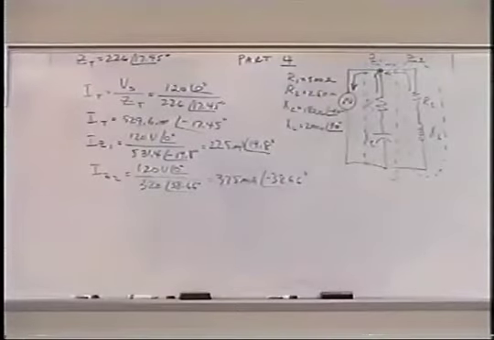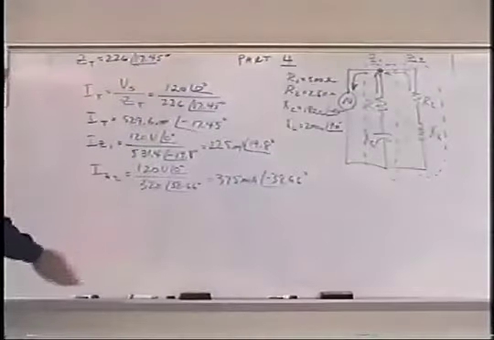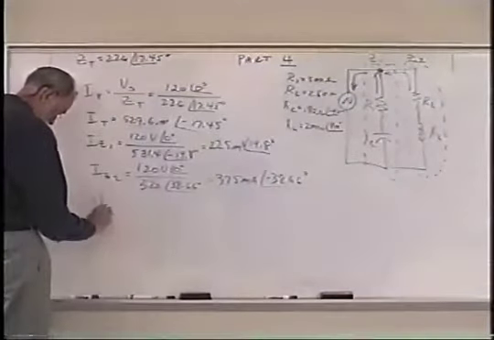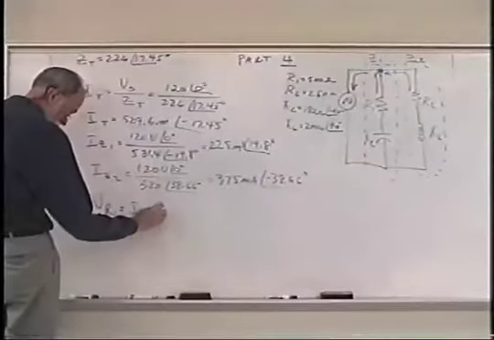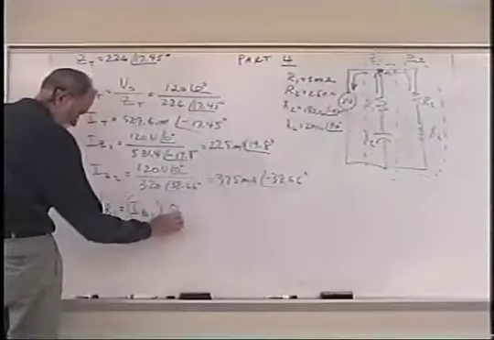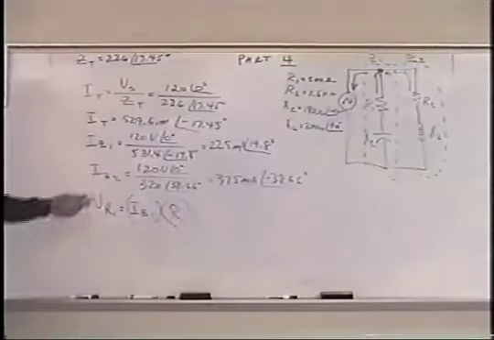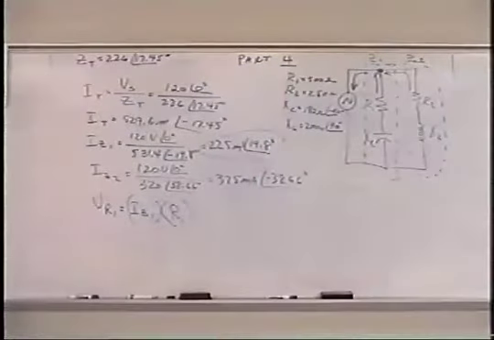All right, now then, I have done the rest of the math for you in the handout, so you can look at that to do the rest of it. But in order to find V across R1, for example, you would take IZ1 times R1. And IZ1, be sure you use the whole thing, include the angle.